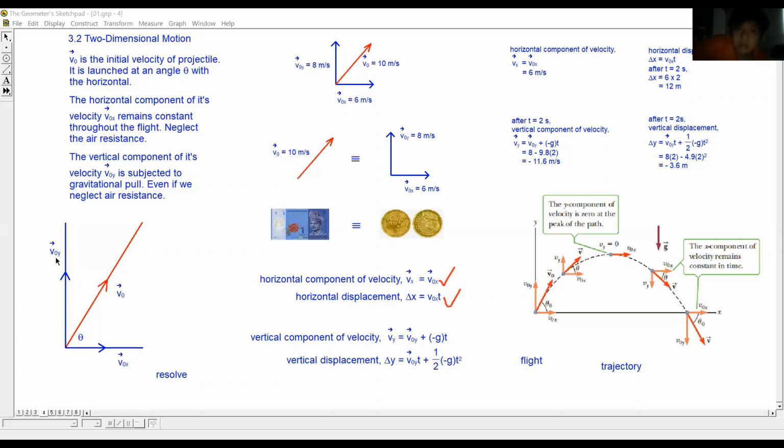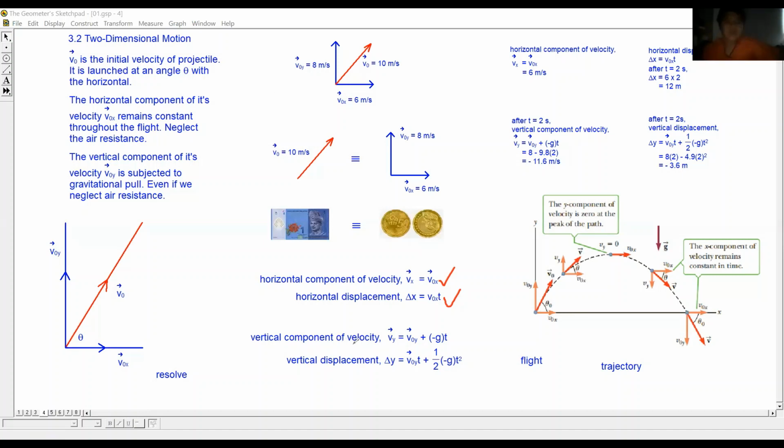The horizontal component is not affected by anything other than air resistance, which we already said is negligible. But whether you like it or not, the gravitational pull will affect the vertical component. And how it affects it, we look at over here.